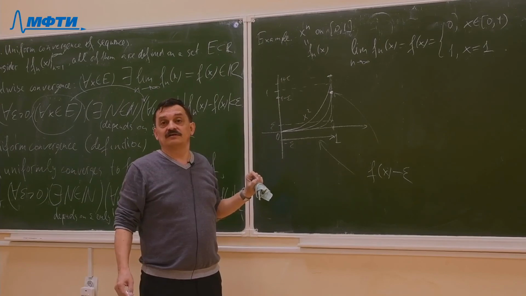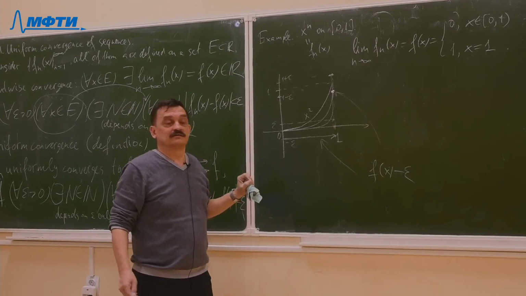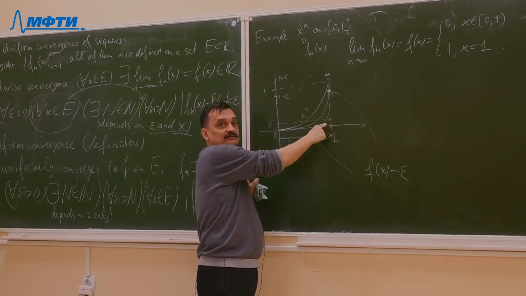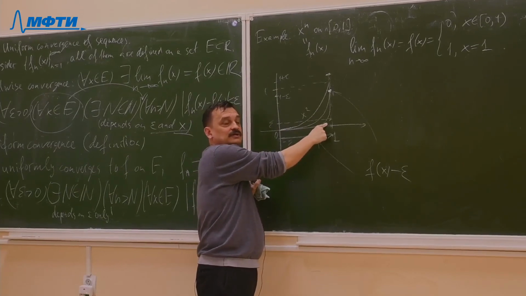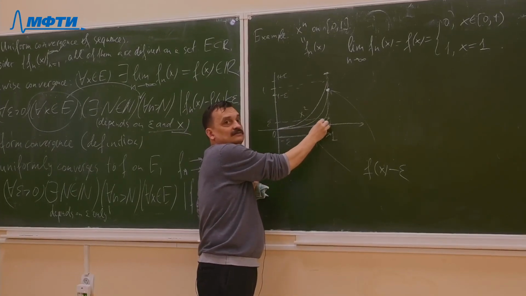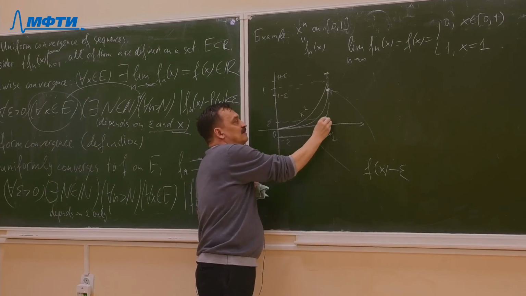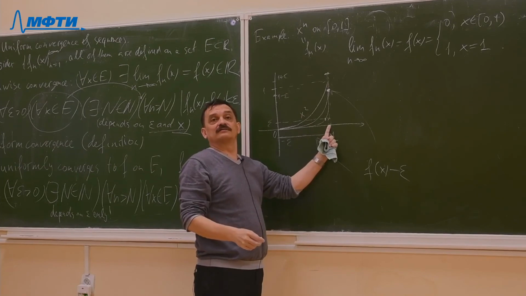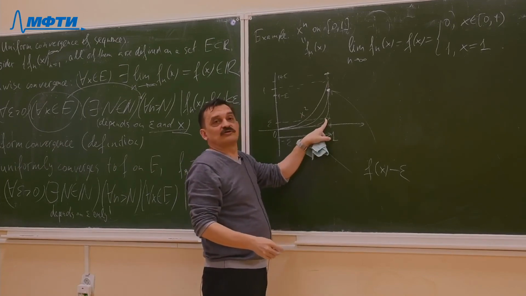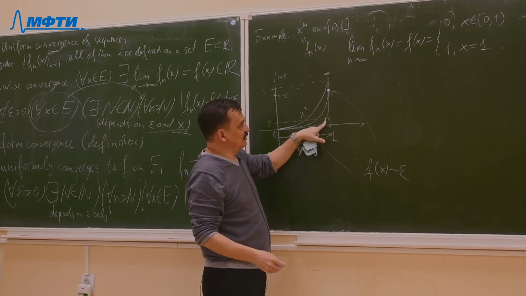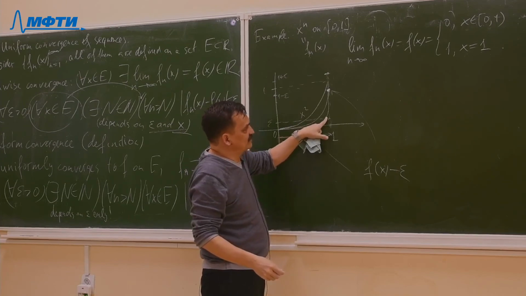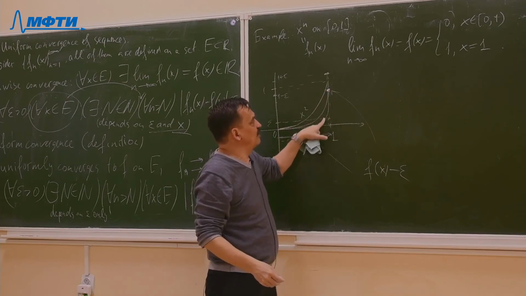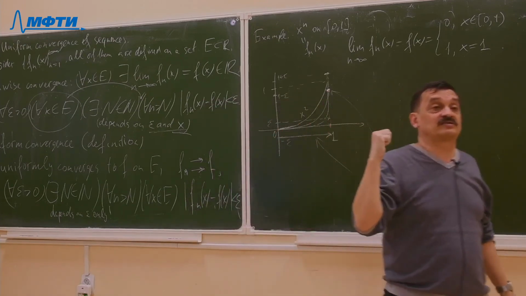And you see, that is not true, right? Look, it doesn't matter how large n you choose. Look what happens with the graphs: somewhere very close to 1, of course, but for sure the graph of x to the power n intersects this line, and part of the graph will be outside of that strip.